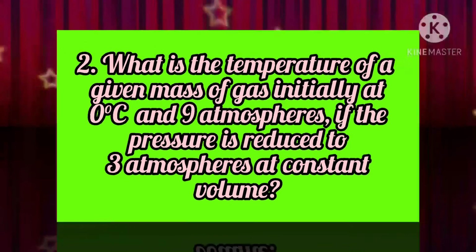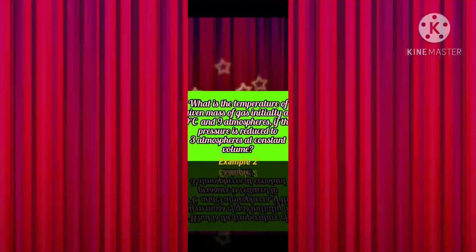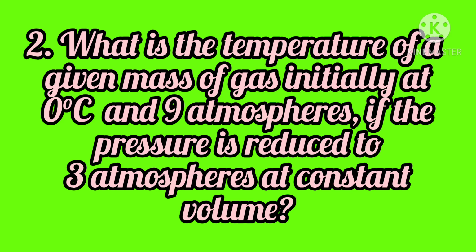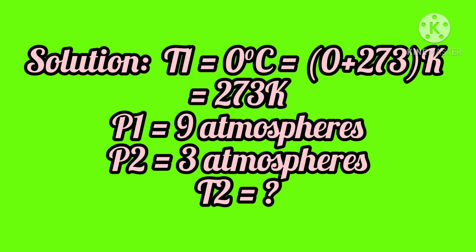For the second example, what is the temperature of a given mass of gas initially at 0 degrees Celsius and 9 atmospheres if the pressure is reduced to 3 atmospheres at constant volume? In the solution, T1 is 273 Kelvin, P1 is 9 atmospheres, and P2 is 3 atmospheres, and we are looking for the second temperature, that is the final temperature.